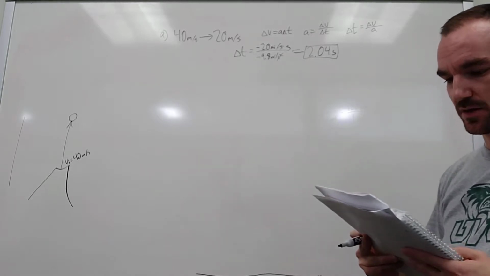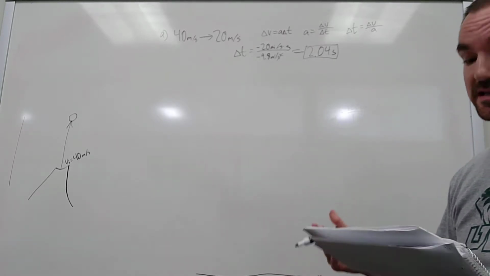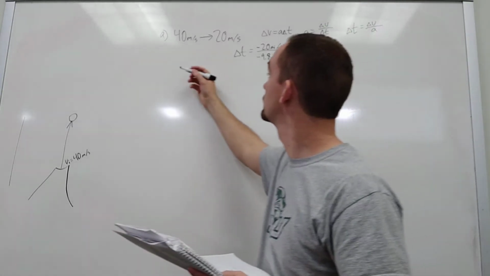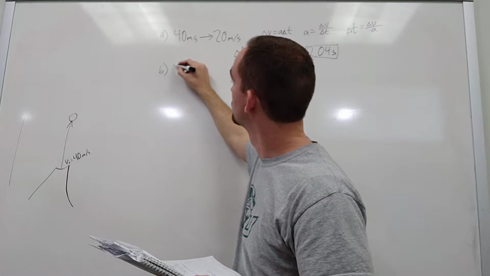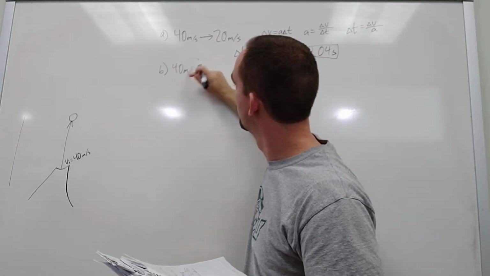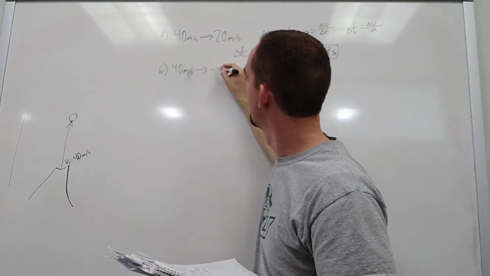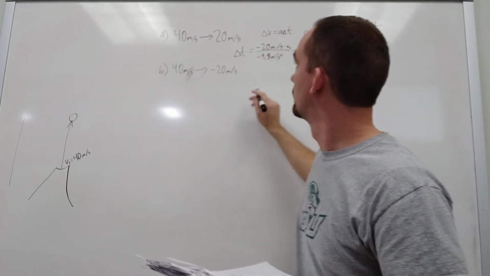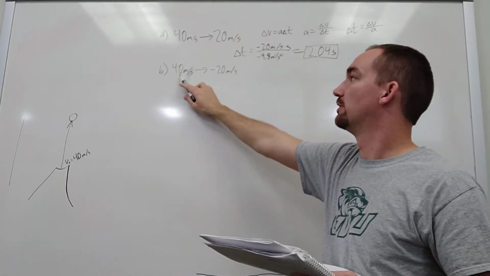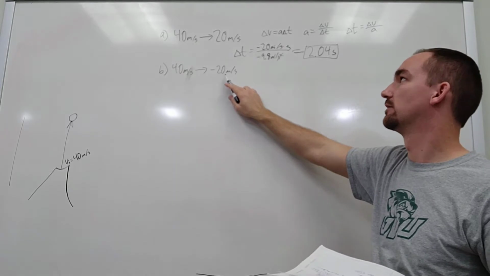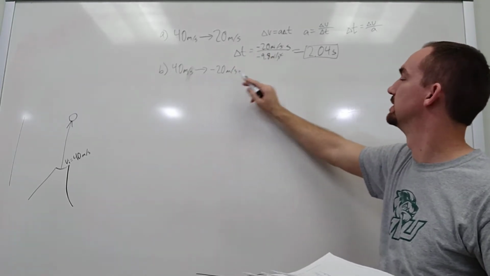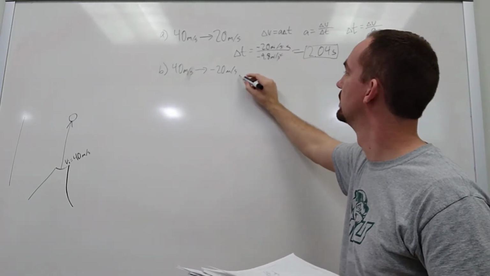Part B asks, at what time is it moving 20 meters per second downward? That's basically the exact same question, just with a different parameter. Now, the only difference is going to be what our change in velocity is. To go from 40 to negative 20, rather than a change of 20, it's actually a change of 60 in the downward direction.